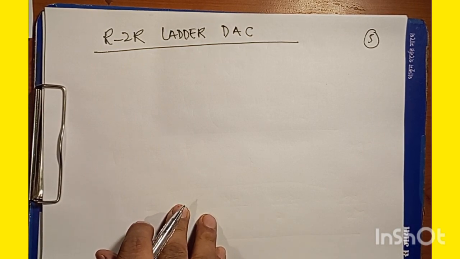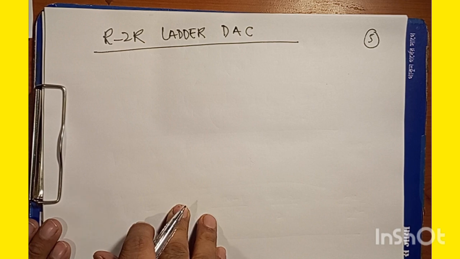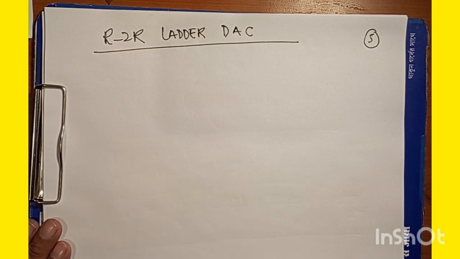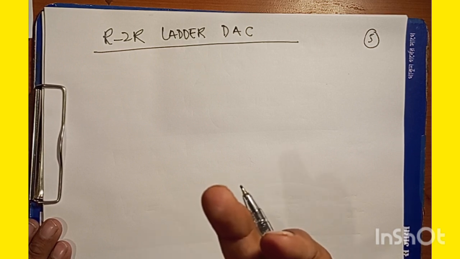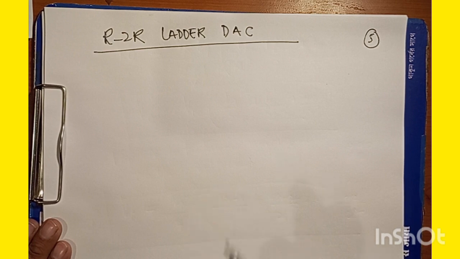So this is number 5. Now, what is so great about it is that this R-2R ladder DAC overcomes the disadvantages of the binary weighted resistors DAC.